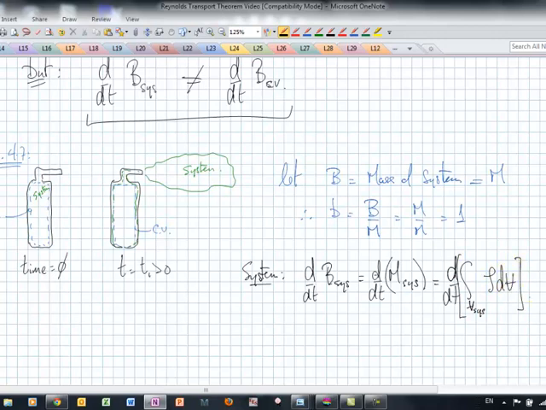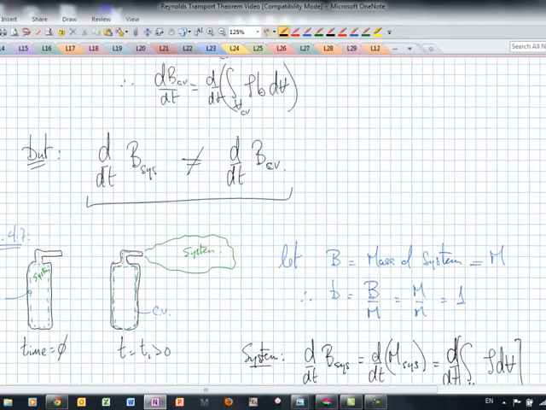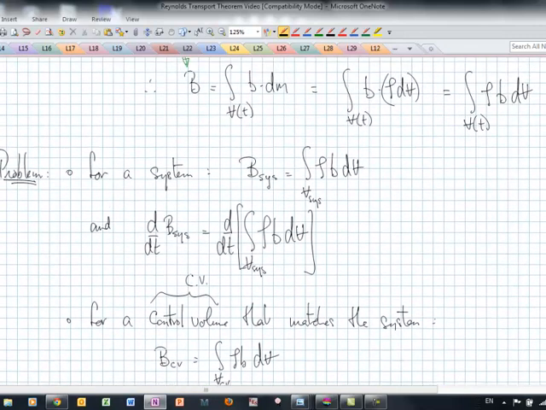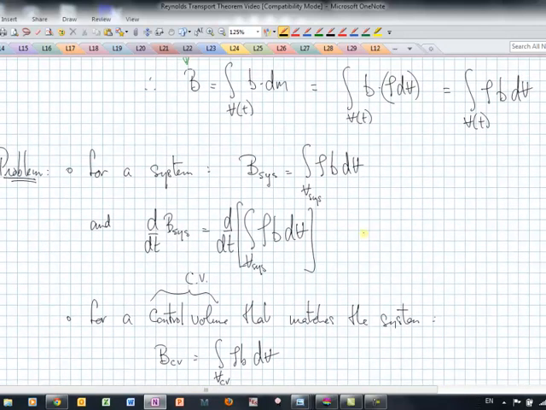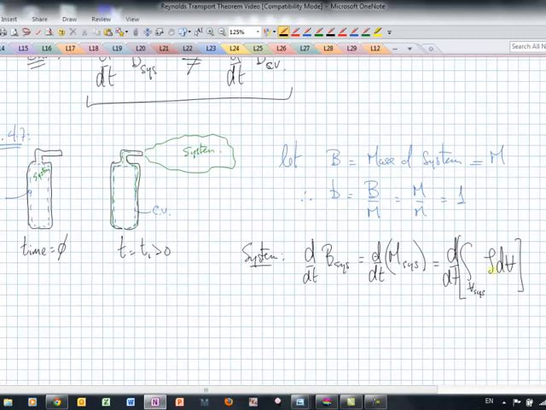Again, this matches how we defined dB_sys/dt up here with little b equal to 1, so everything's consistent. The integral of rho dV is in fact the mass, and remember, the system mass is fixed.